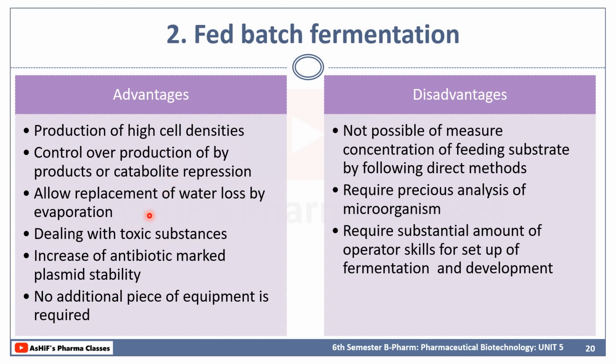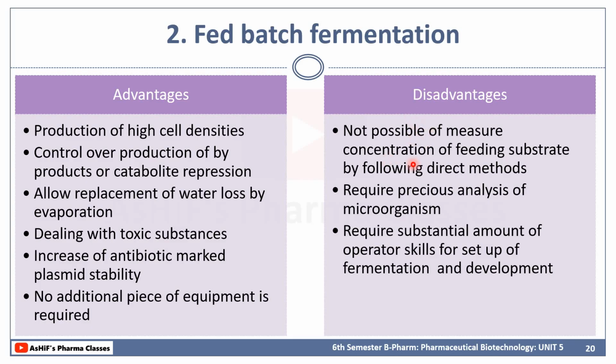It allows replacement of water loss by evaporation. Dealing with toxic substances is very easy. Increased antibiotic marker plasmid stability. No additional piece of equipment is required when compared with batch fermentation. So the only difference is we will add some kind of nutrients in between the process. That is the only difference.